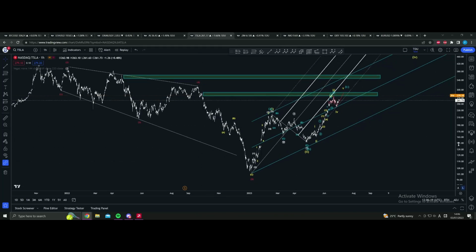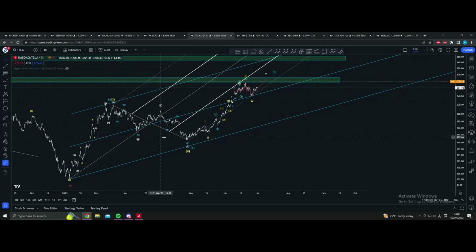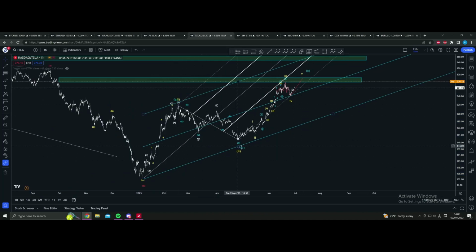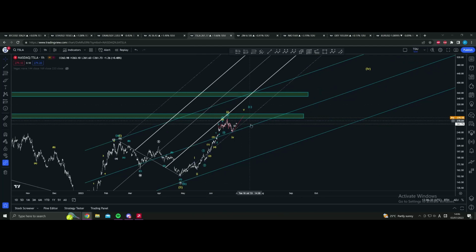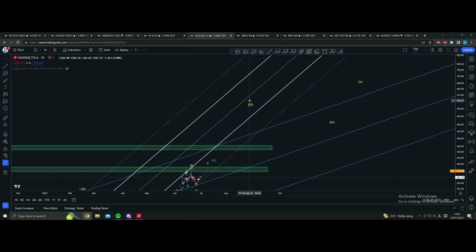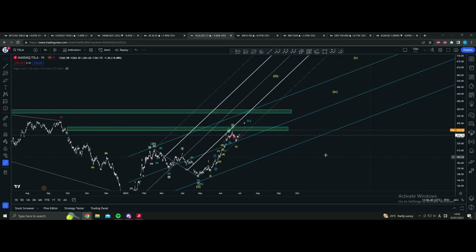Okay, let's take a look at the count. So A, B, C, this is the safe play, or 1, 2, and now we're making only 1, 2, and then we go for the third, 4, and 5. So this could be... okay.